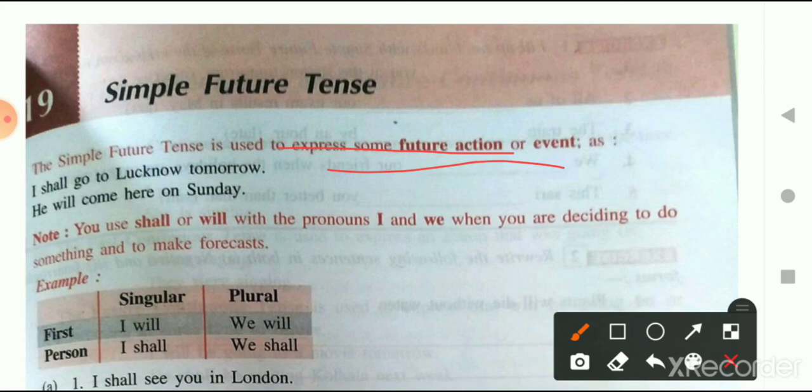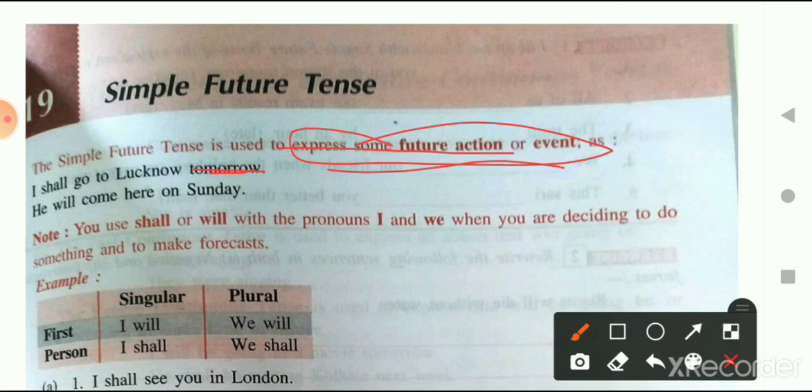Let's see an example here. I shall go to Lucknow tomorrow. So I shall go to Lucknow tomorrow means he is going to go to Lucknow tomorrow. So the action is going to happen tomorrow, right? So it is simply expressing the future action or event that is going to happen.